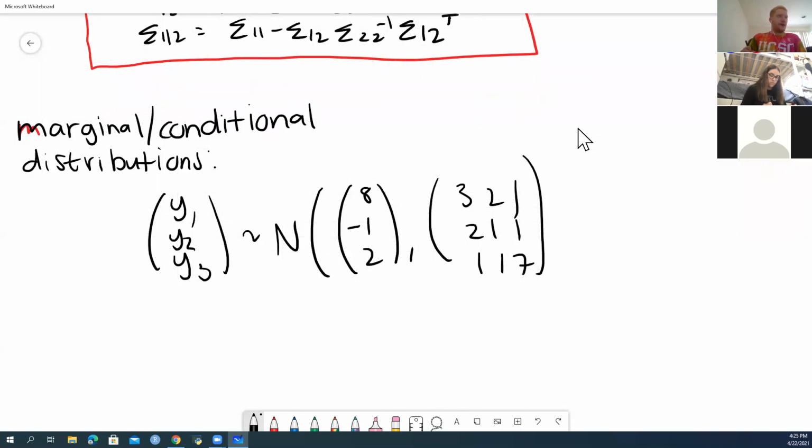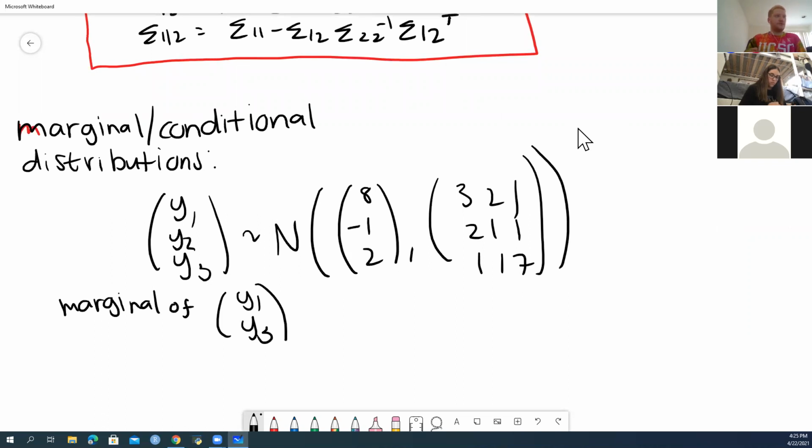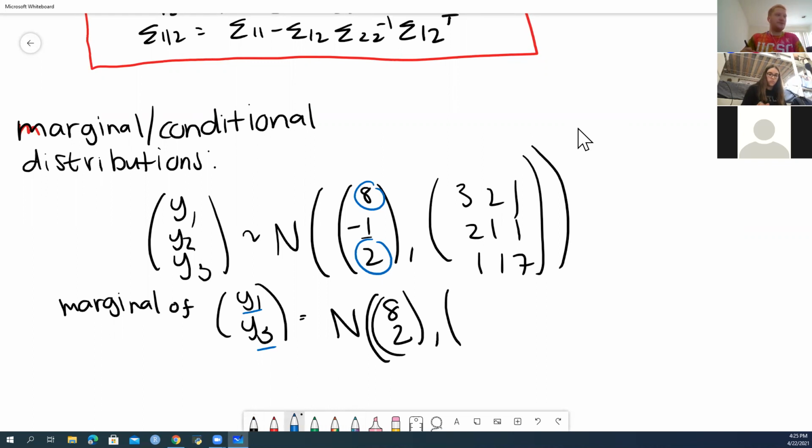Now, the first thing that I don't think he even said, but a marginal. So they say marginal of, for example, y1 and y3. All you need to do is just take out y2 from the equation, basically. So this is going to just be a normal of, and then you just do the things that are y1 and y3. So mean of 8, 2. And then again, with this, all you need to do is take like the 1, 3 matrix out of this.